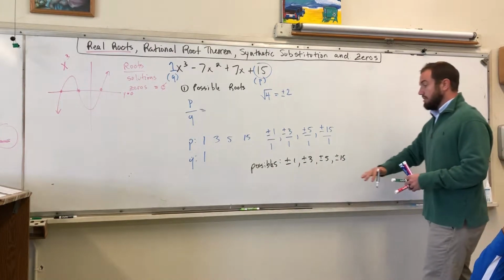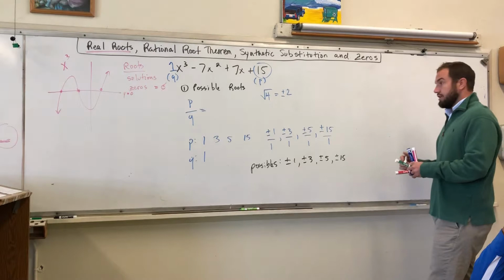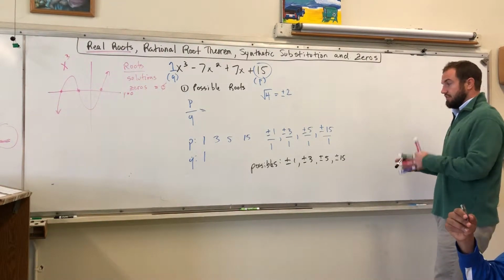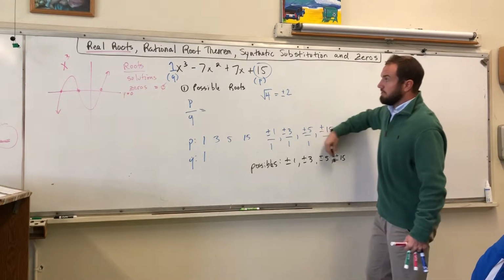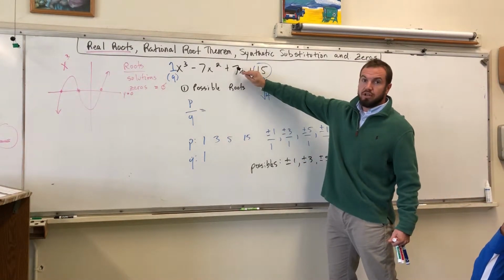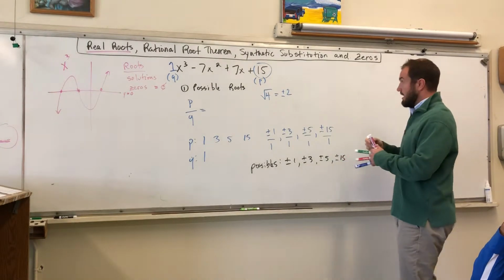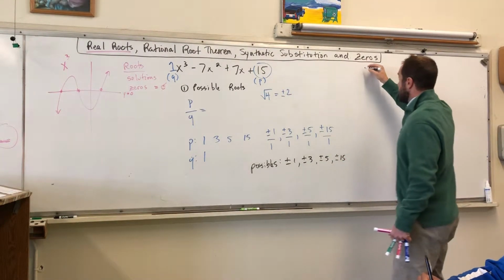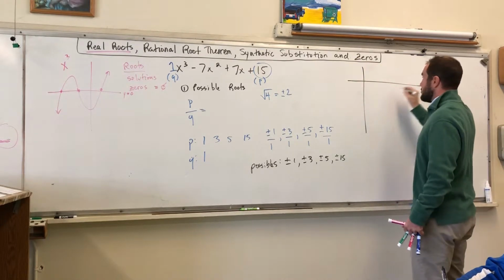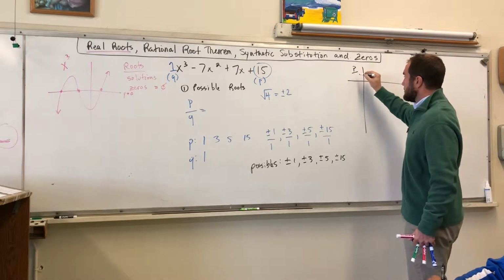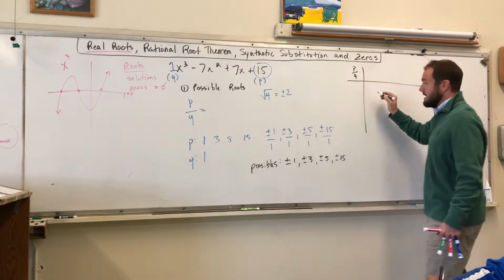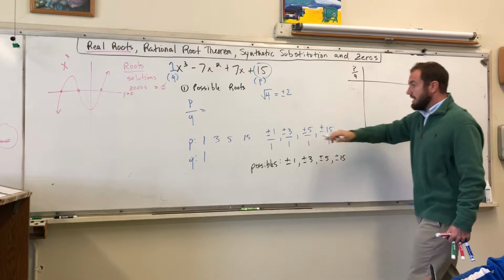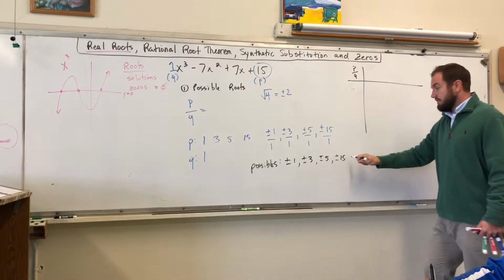In order to find out whether or not these actually work, what you want to use is synthetic substitution. It's basically synthetic division. You're testing how these would divide into your equation. Now, what you should do is make a chart. So you're basically looking at a chart. Here's your possible roots. Now, you could put any combination of these.